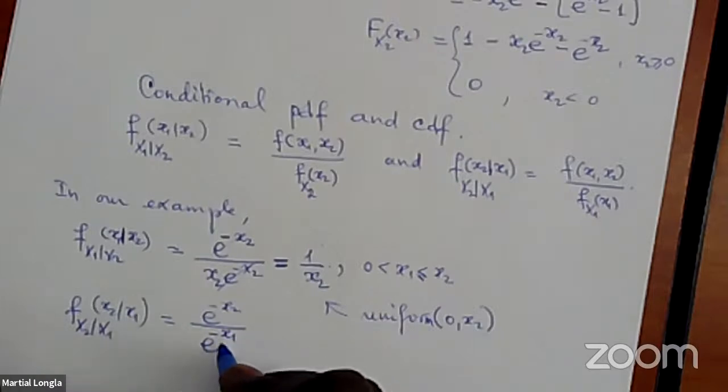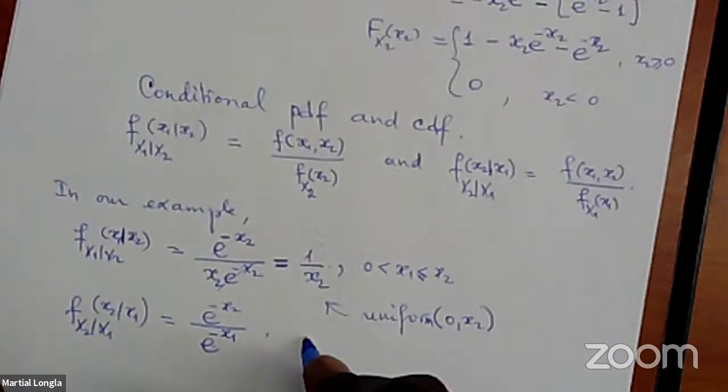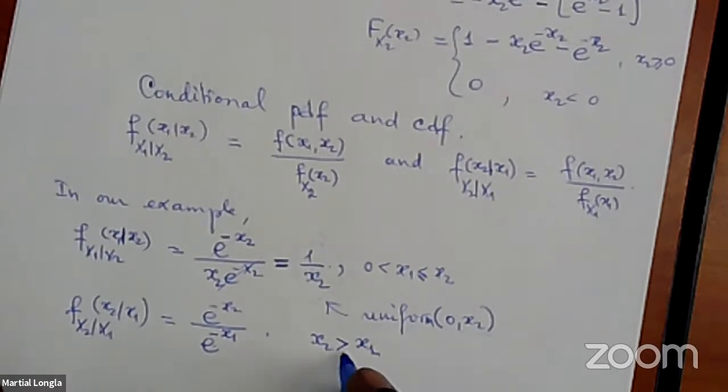It's very important: e to the negative x1, because if you put negative x2 there, they cancel, it becomes 1, and it's wrong. So it's e to the negative x2 over e to the negative x1, with the condition that the x2 you're dealing with is larger than the given x1.